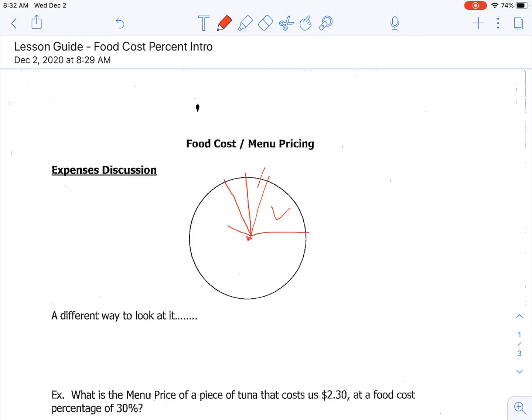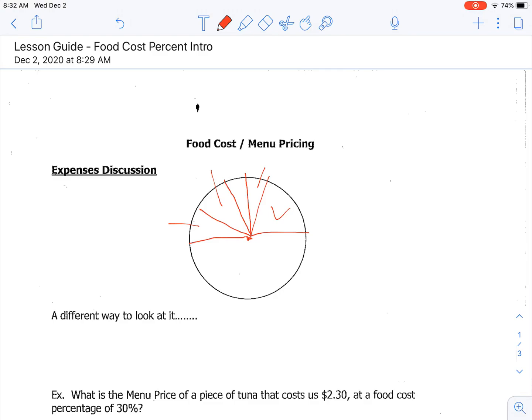We'd also have to set aside a chunk of money for replacing our equipment, replacing our ovens, dishwashers, things like that. Those big ticket items. Insurance is another big item.